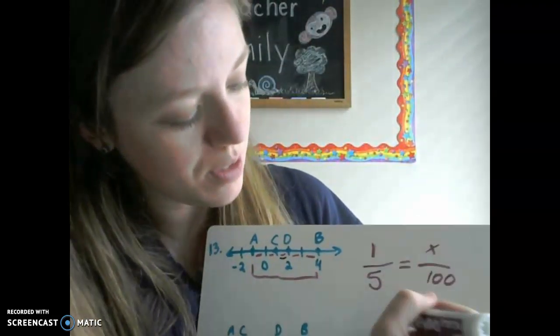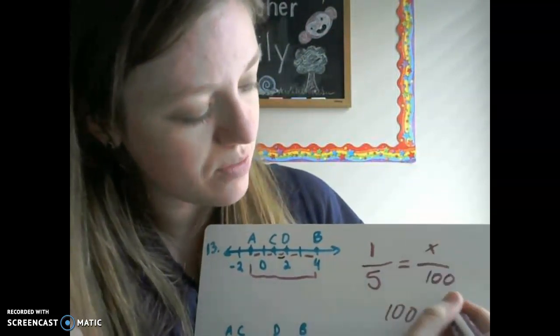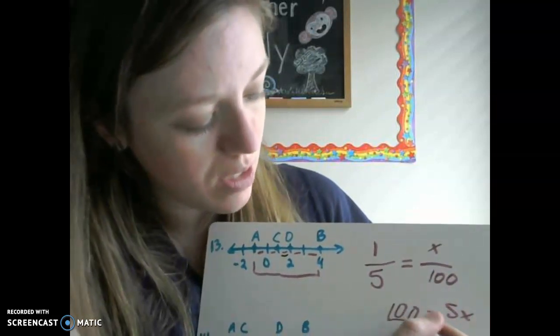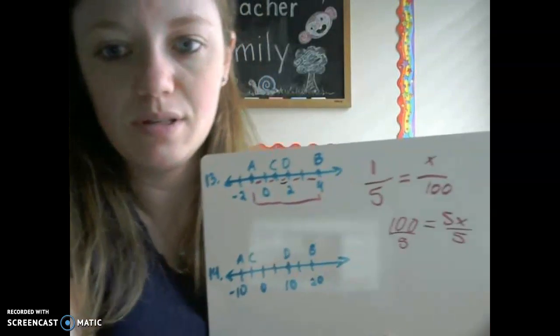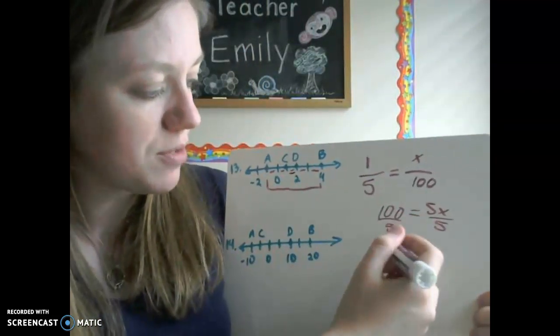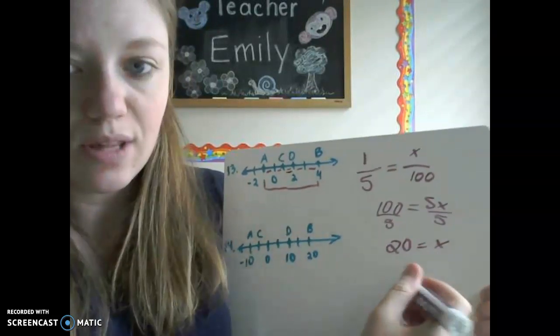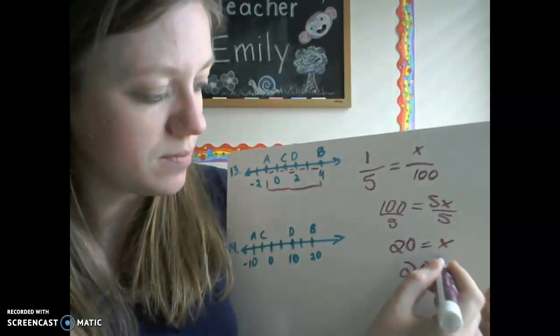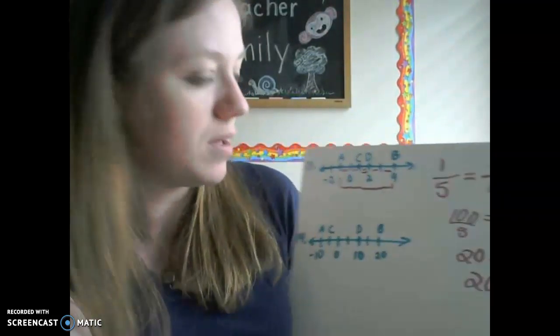So 1 times 100 is 100 equals 5 times x is 5x. So you divide both by 5 to get x by itself. 100 divided by 5 is 20. 20 equals x. So the answer is 20%. 1 out of 5.